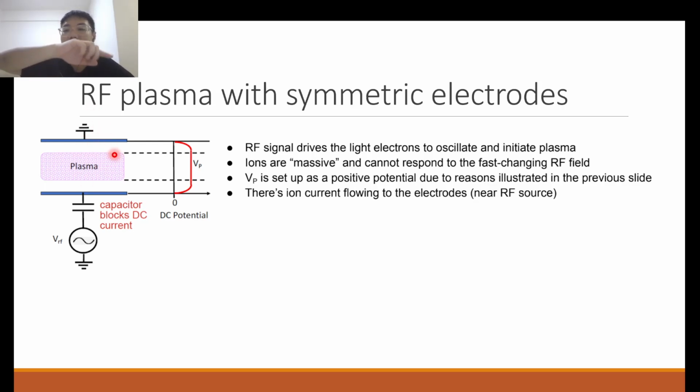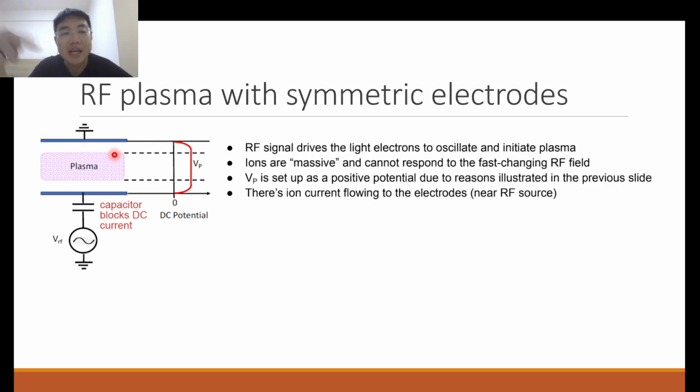Because when your applied potential is oscillating, the plasma that is near the electrodes will experience an oscillating electric field as well. And so electrons in that region will also follow the oscillating electric field and undergo an oscillatory motion. And when it undergoes an oscillatory motion, it can be excited to high instantaneous velocities.